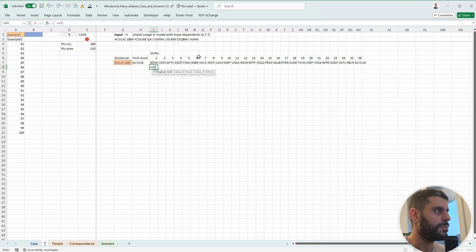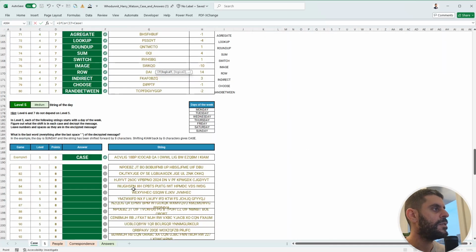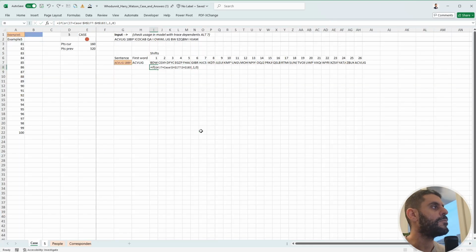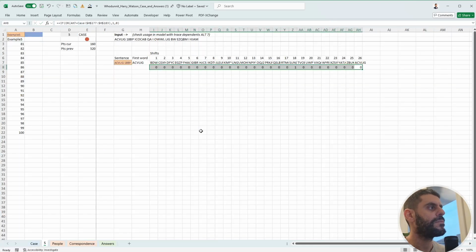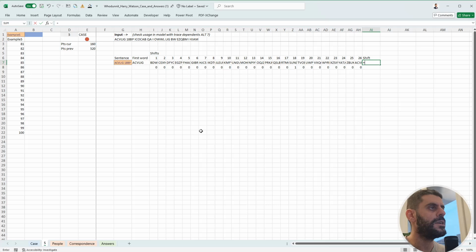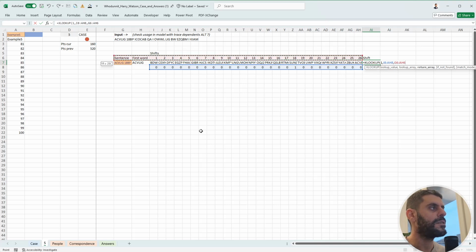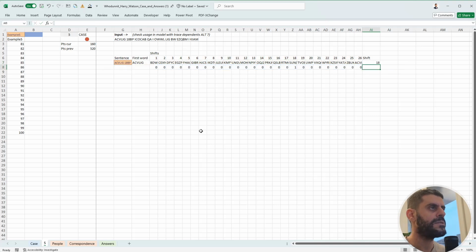No, I'm not good with ISNUMBER. IF OR this equals one of the days of the week, lock, then 1 otherwise 0. Okay, and so I'm going to say that the shift is the XLOOKUP of 1 into this, returning this.